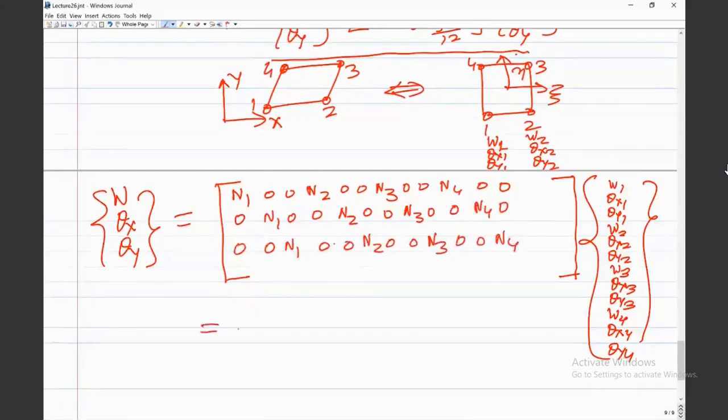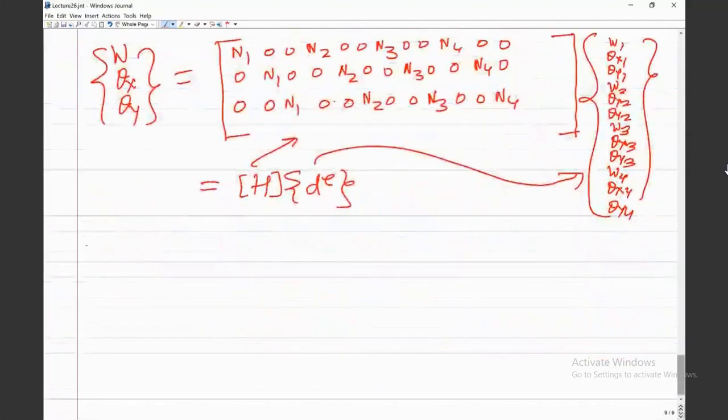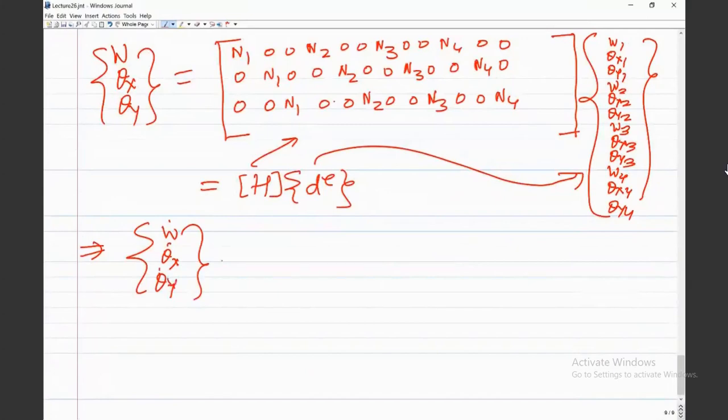So you can say that this is H into D, again the same form. So this is H and this is your DE. Therefore, if you differentiate this, you can write W dot, theta x dot, theta y dot is equal to H, which is a function of only xi and eta, while D is a function of time, so we will get D dot over here.